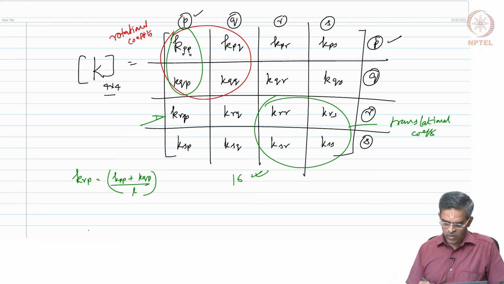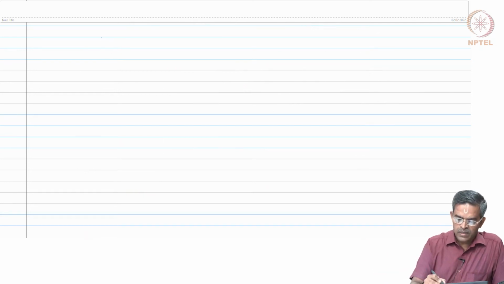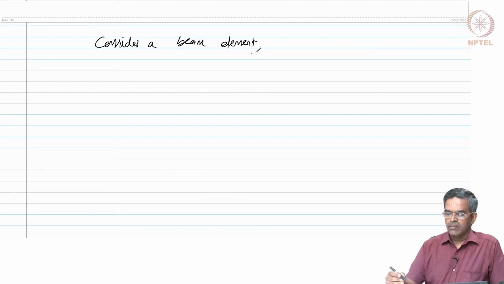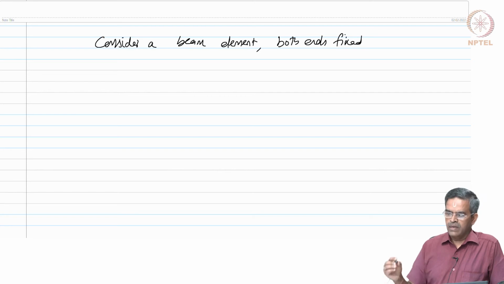Okay, let us see how we are going to do that. So, now I am going to say, consider a beam element, both ends fixed. Okay, let us consider this element.